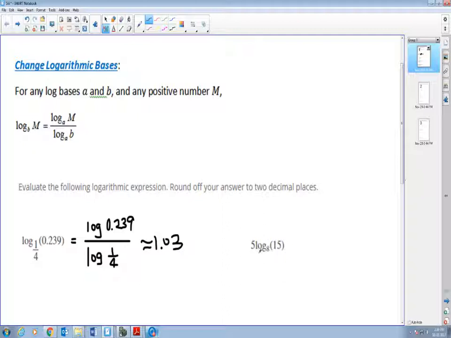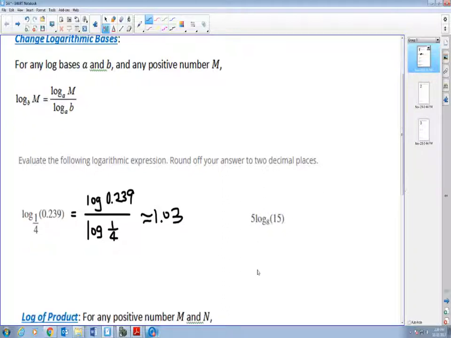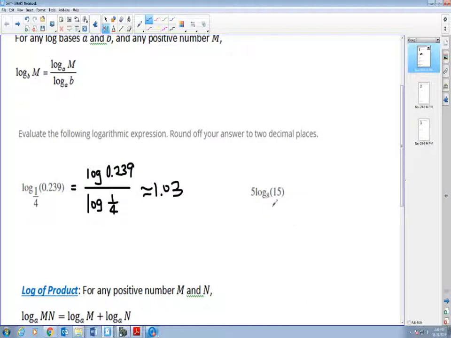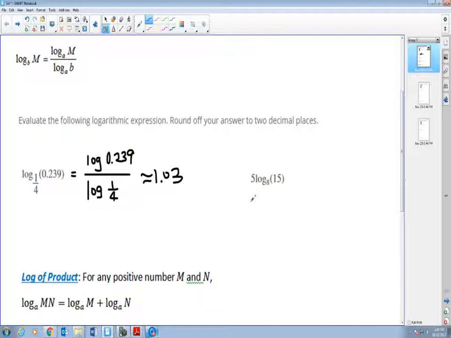Now this one just has a 5 times in front of it when I key it in. Again, I cannot make the base 8 into 15, or 15 into a base 8 or base 2. So if I change the base, I'm going to have 5 times log with the base 10 of my m, which is 15, over log with the base 10 of my b, which is 8.